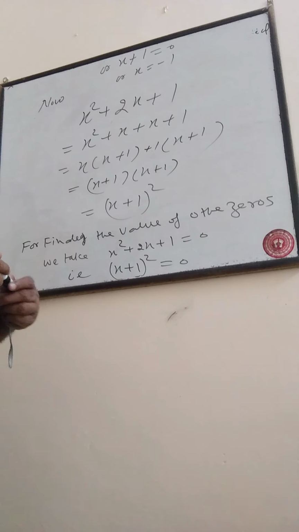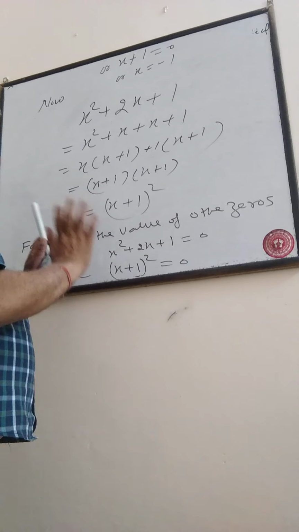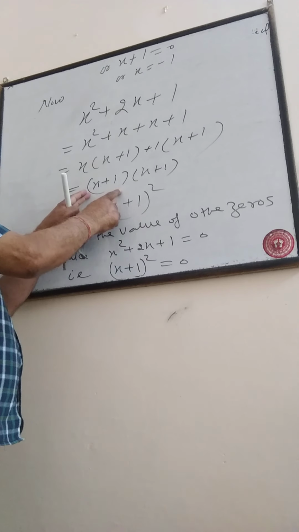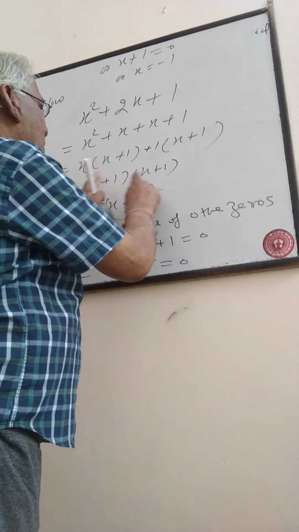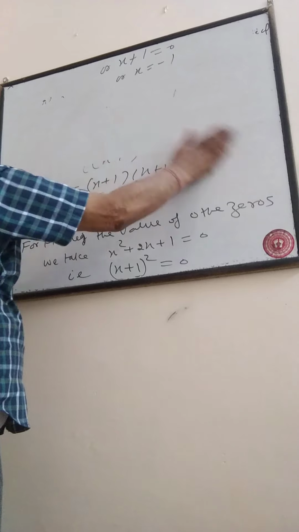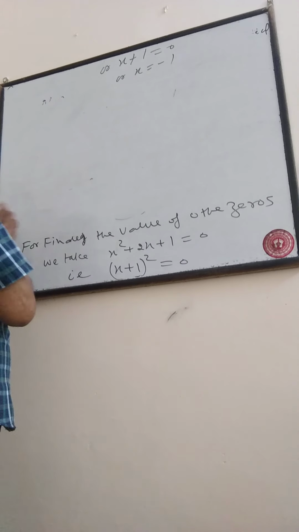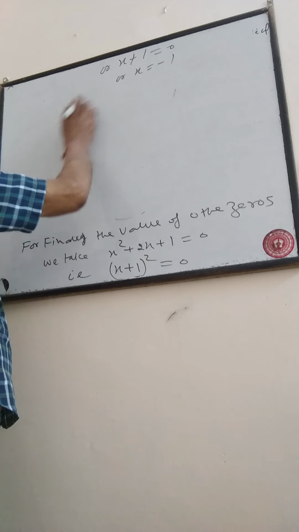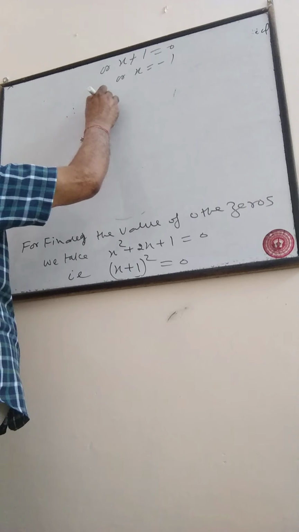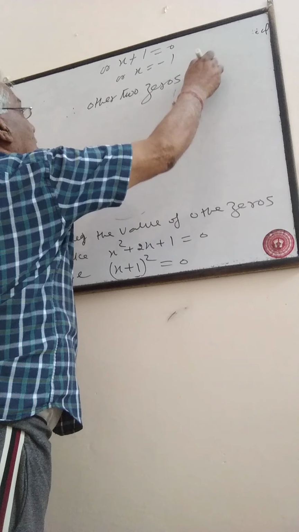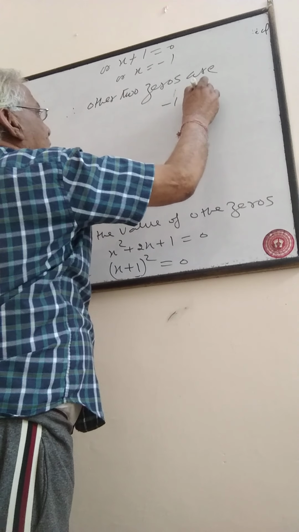So the other two zeros will be minus 1 and minus 1. Because here in the first bracket you have got x plus 1, and the same factor in the second. Therefore, the other two zeros are minus 1 and minus 1.